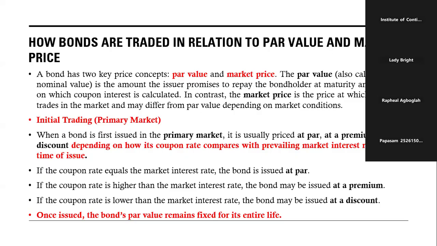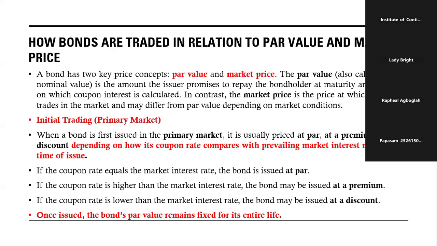A bond could be trading at par, at a premium, or at a discount. If the coupon rate equals the market interest rate, you say the bond is trading at par.